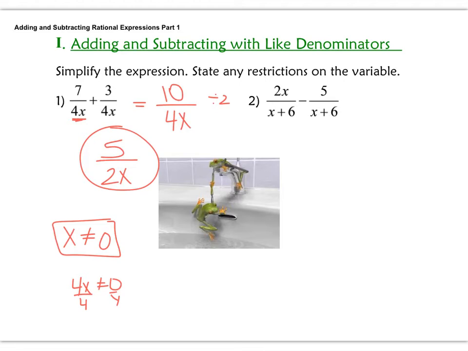All right, number 2. The big thing with subtracting, that's where some people get themselves in trouble. This minus that you see right here goes to this entire fraction.